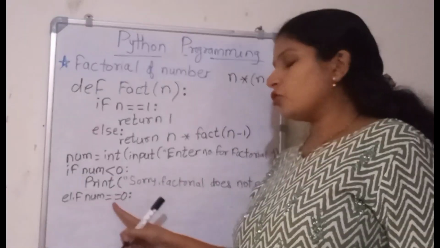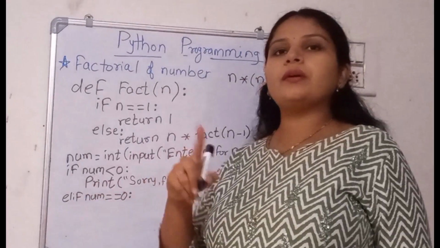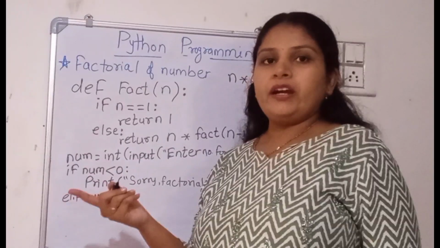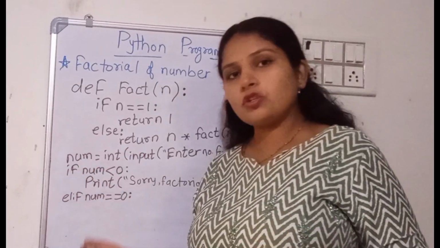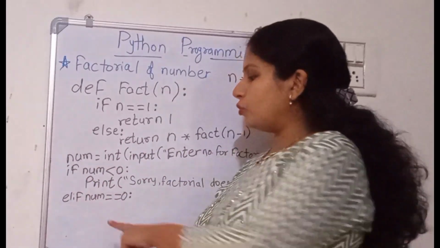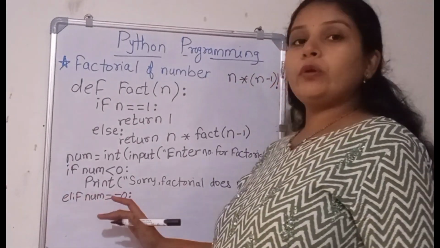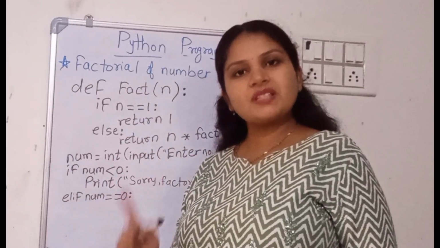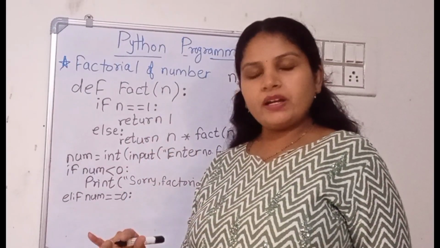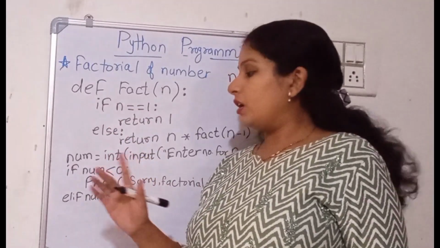Now remember to use the operator correctly, because you cannot use number equal to 0. It means that you are assigning the 0 to the variable. For checking, for comparison, you must use the double equal to sign. Elif number equal to 0. Now the factorial of 0 is always 1. So it is clear, you don't need to call the function for itself, right?